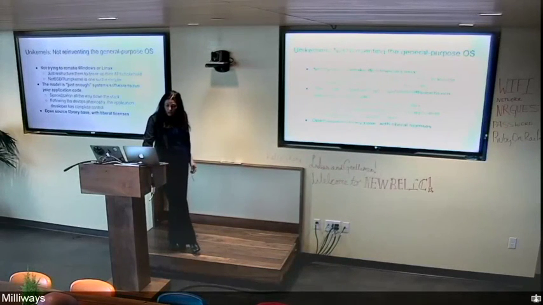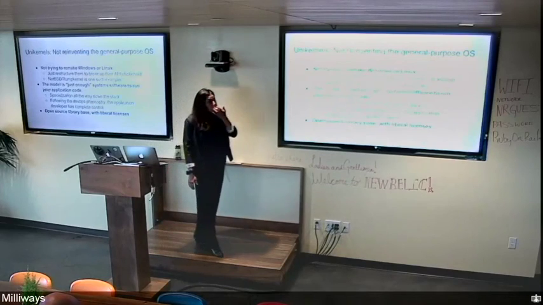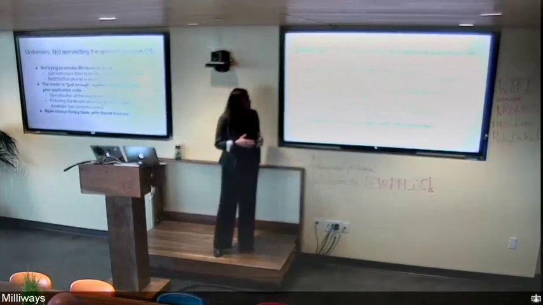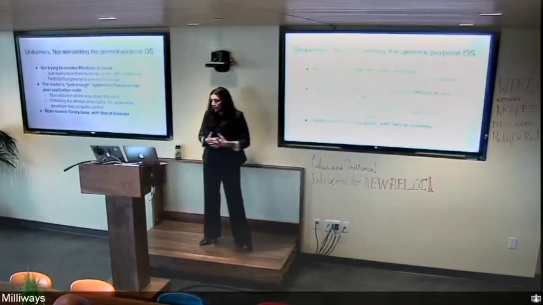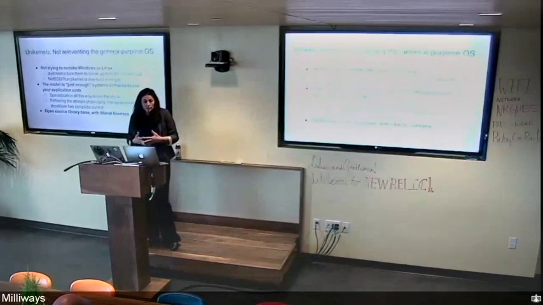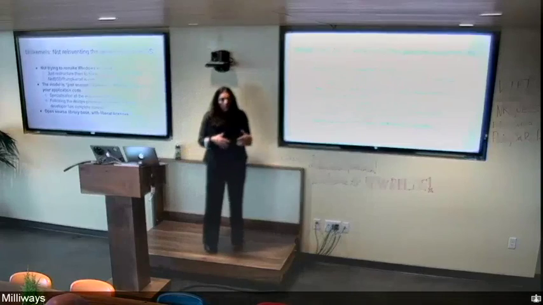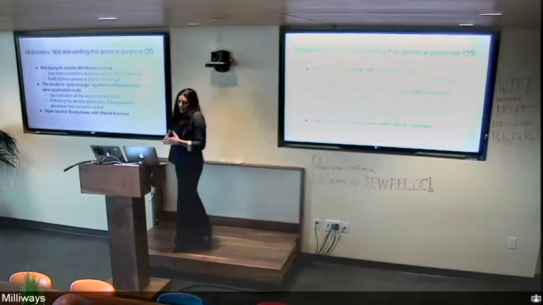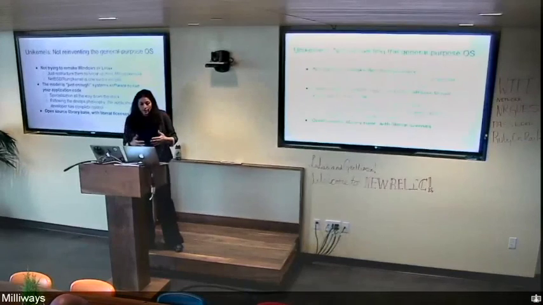I just want to explain here that the purpose of unikernels is not really to reinvent or remake the general purpose OS. It's really a different goal. It's a different direction. The idea is really to stop the growth and think of a different concept.